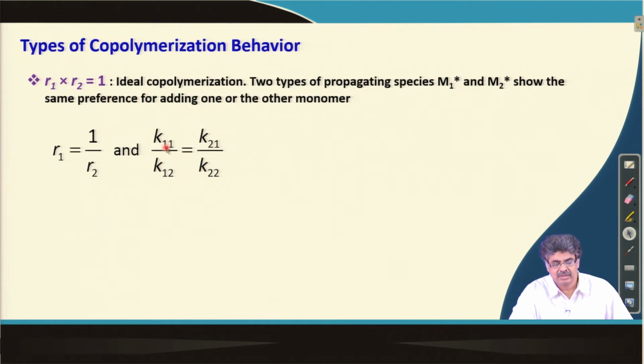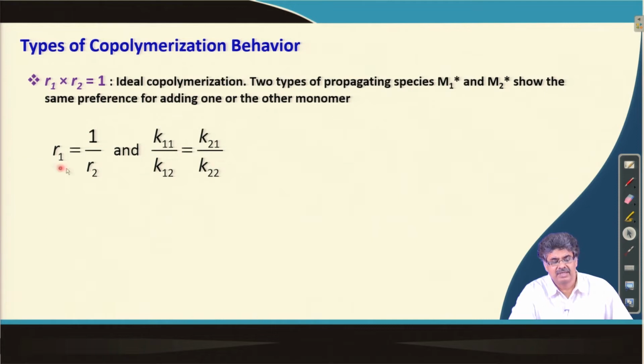So, this one is the tendency of M1 star to react with M1. The two propagating species, M1 star and M2 star, show the same preference for adding one or the other monomer. Basically, this tends to prefer a random arrangement of M1 and M2 in the polymer.